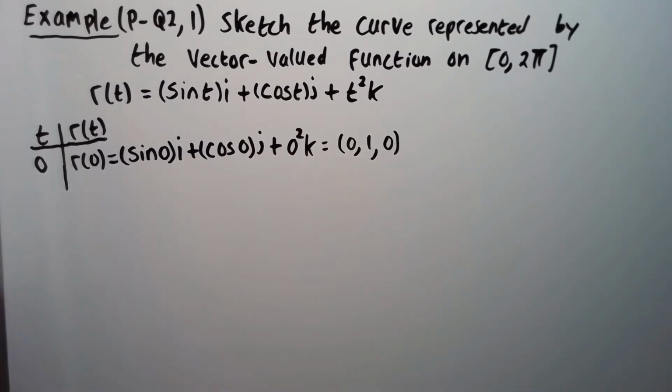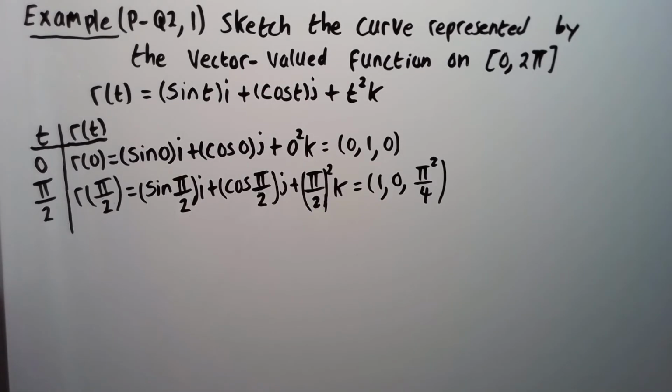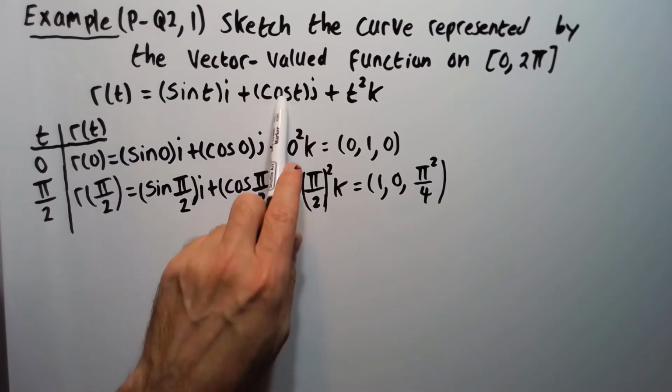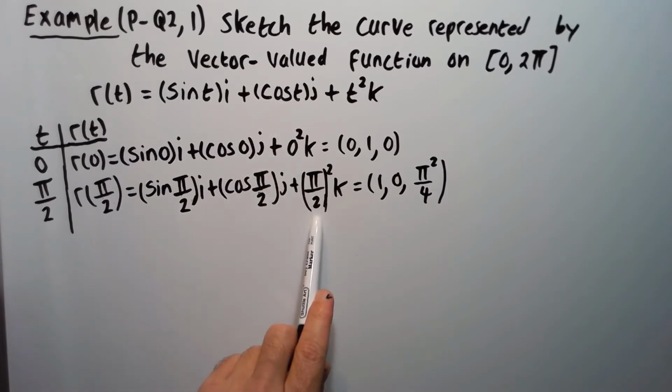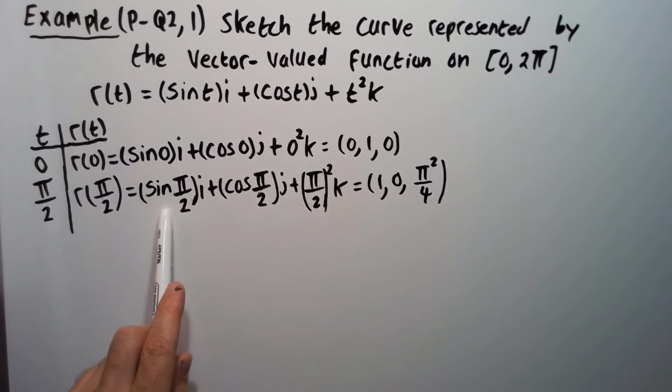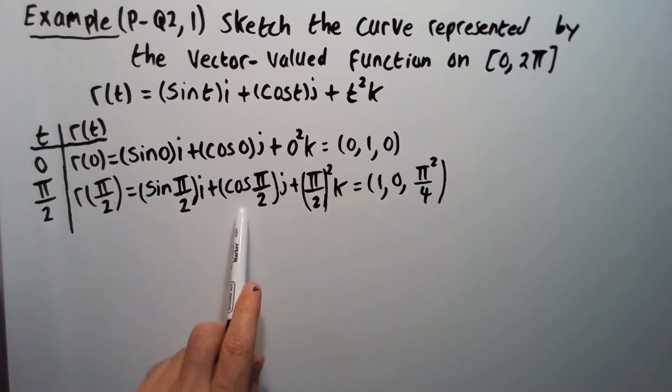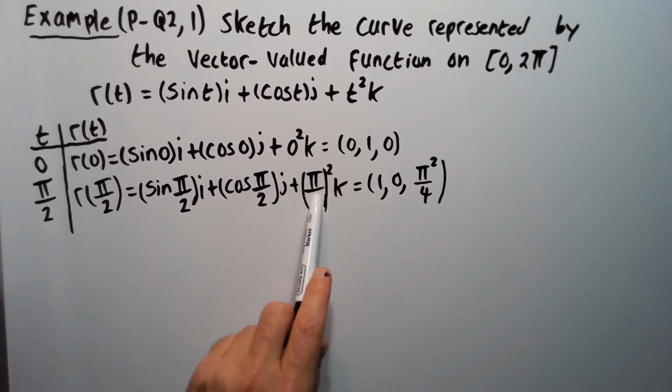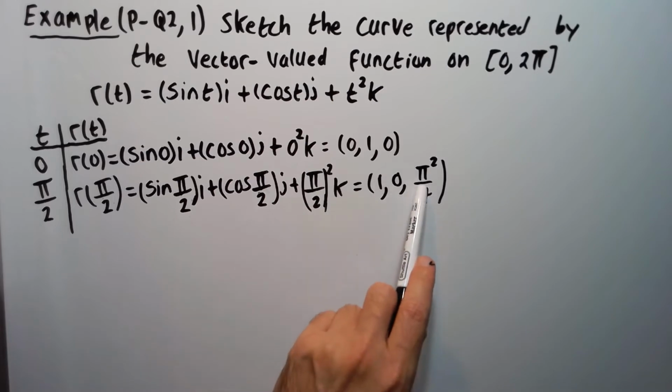Let's next put in pi over 4 for t. Actually, I did pi over 2 instead. So putting pi over 2 in place of t, it would be sine of pi over 2 i, cosine of pi over 2 j, pi over 2 squared k. So the sine of pi over 2 is 1, the cosine of pi over 2 is 0, and squaring this, it would be pi squared over 4.